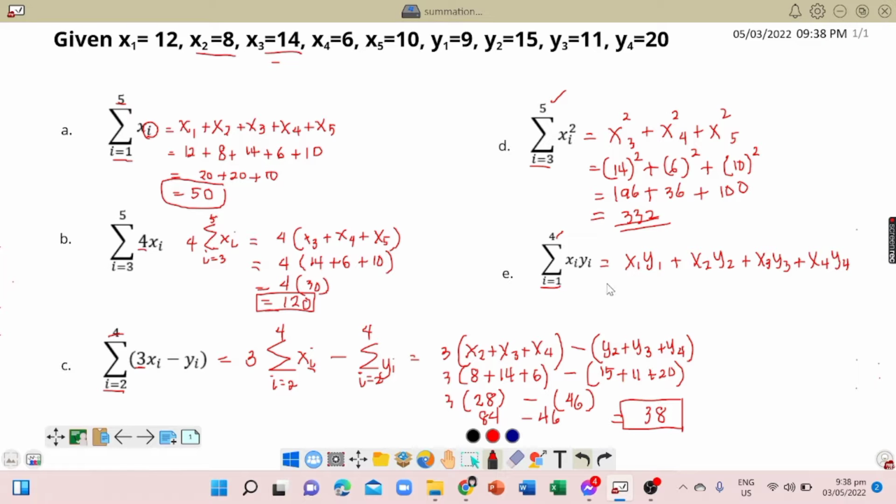Then, substitute the values from the given. x sub 1 is 12, times y sub 1 is 9. So, plus x sub 2, y sub 2.